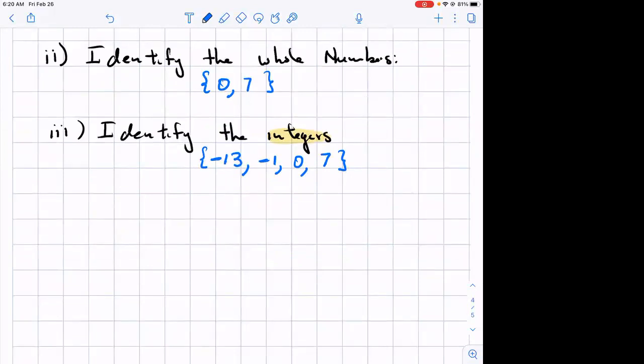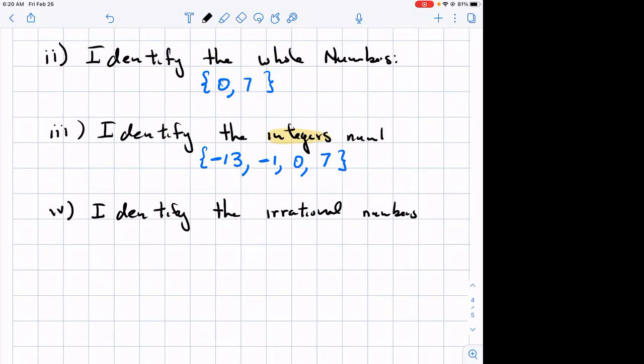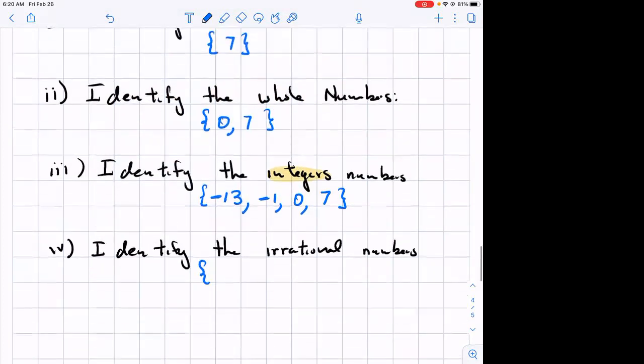What about the irrational numbers? Identify the irrational numbers. So now we're looking for numbers that never end.